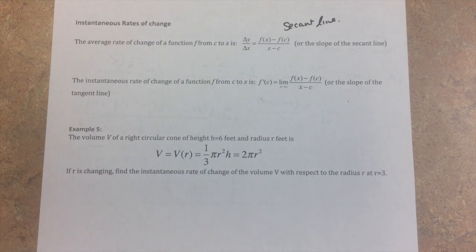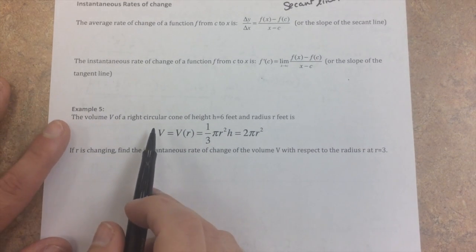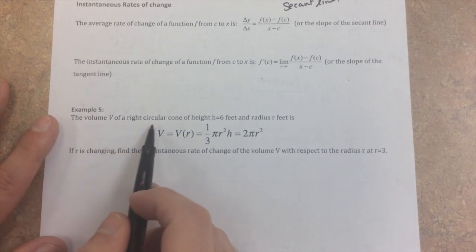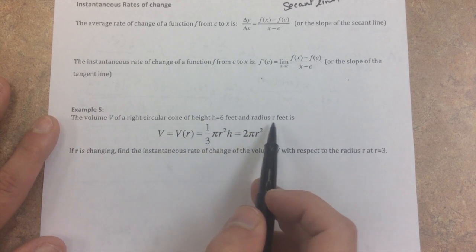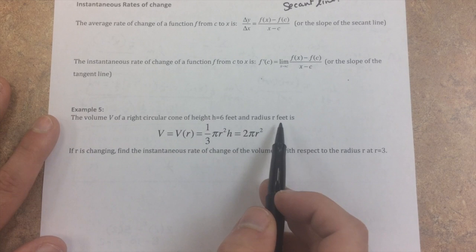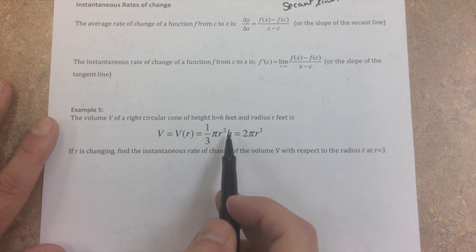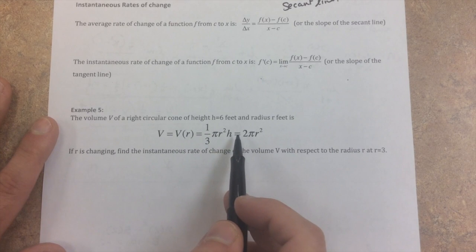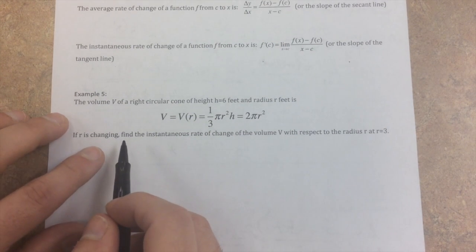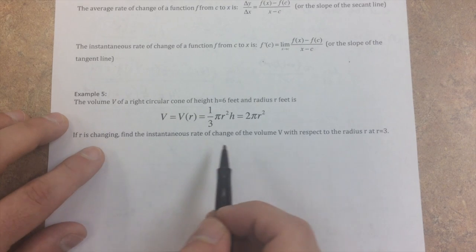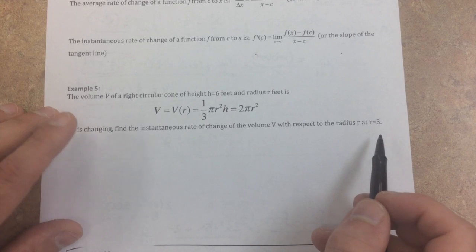Okay, so let's see if we can answer example 5. So the volume of a right circular cone, the height is 6, the radius is r feet, is given by this formula. The volume equals 1/3 pi r squared h. So if I plug in that h, I get 2 pi r squared. So if r is changing, find the instantaneous rate of change of the volume at 3.